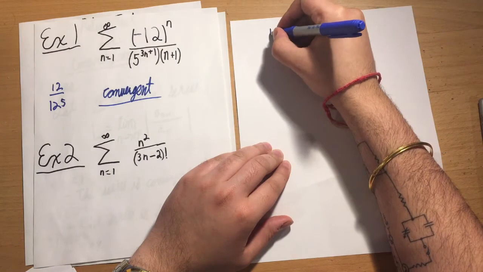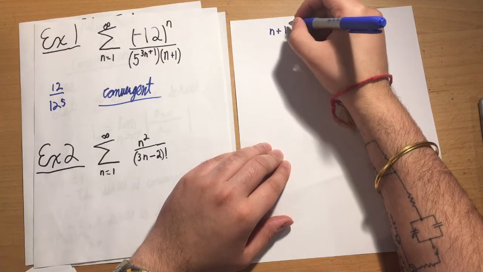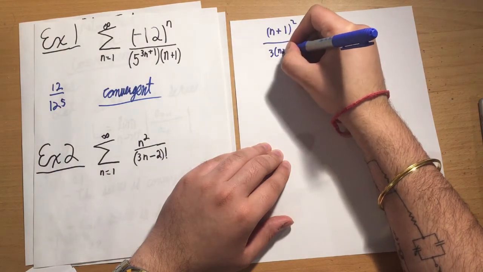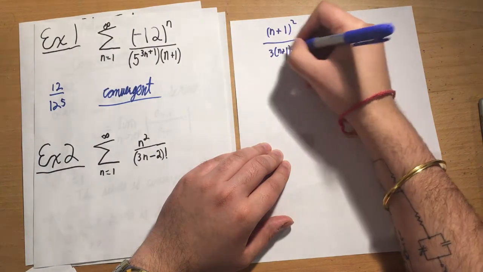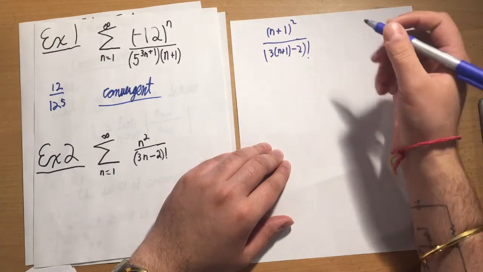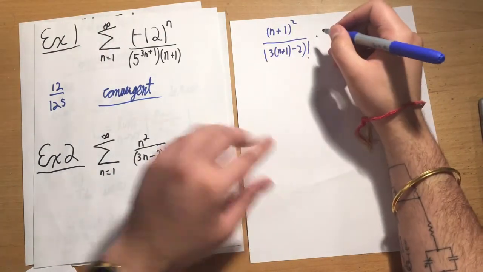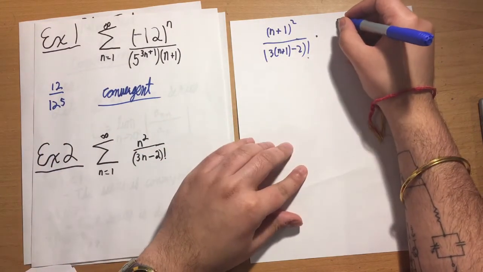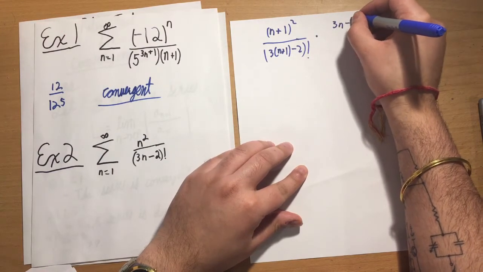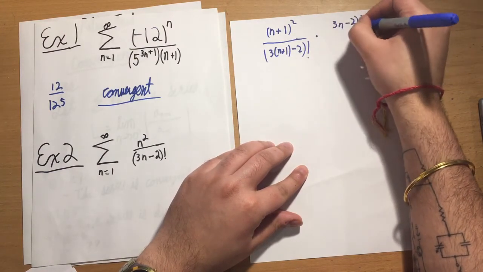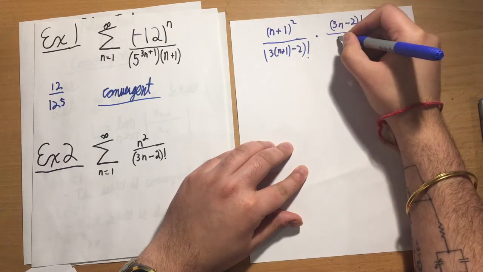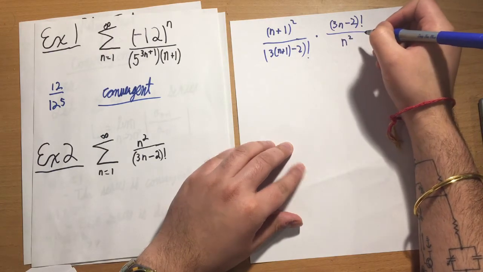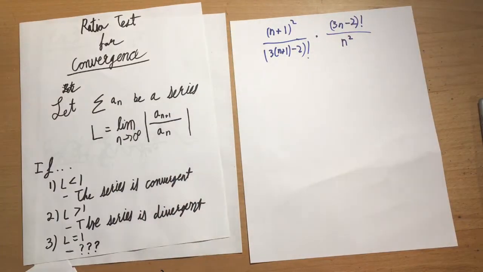So I'm going to have n plus 1 squared over 3, and then n plus 1 minus 2 factorial, multiplied by the reciprocal of my original term, right? 3n minus 2 factorial all over n squared.